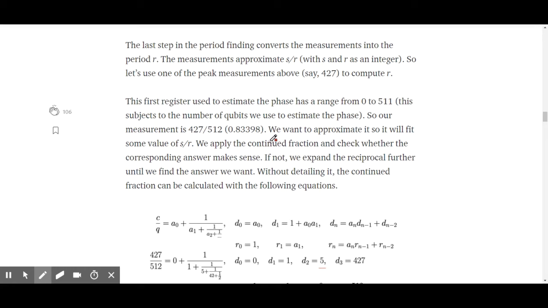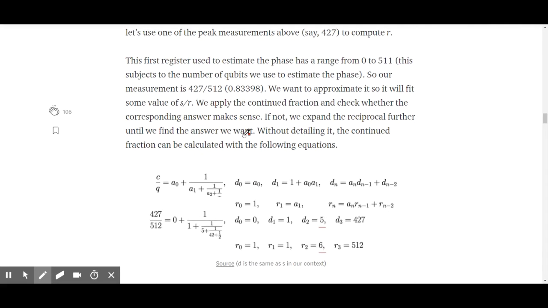This is subject to the number of qubits we use to estimate the phase. So our measurement is 427 divided by 512, 0.83398.